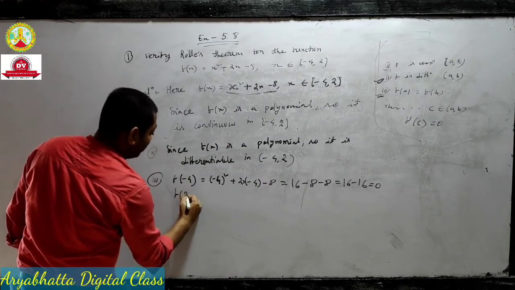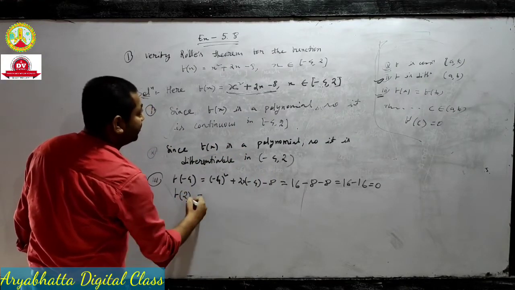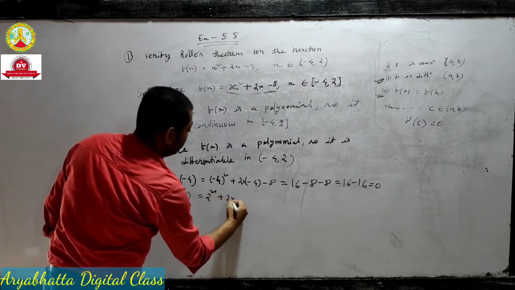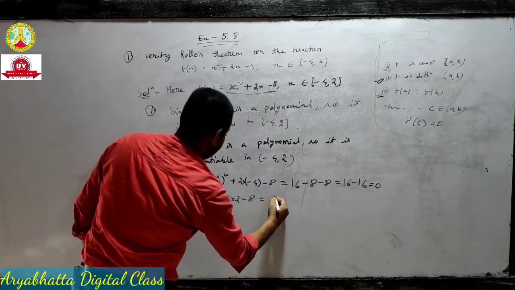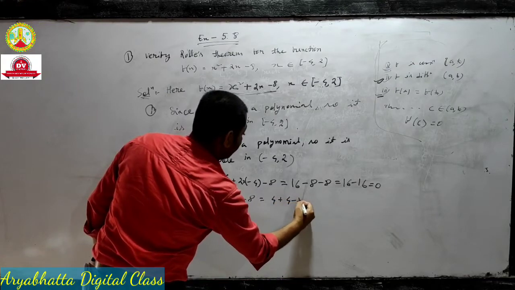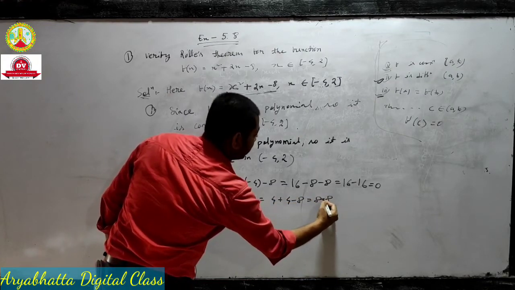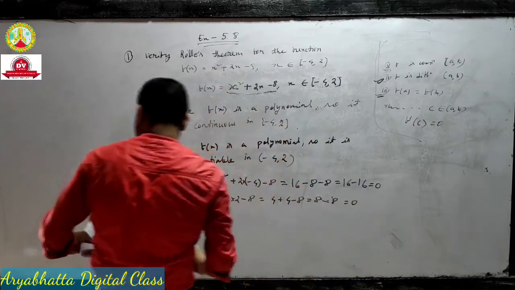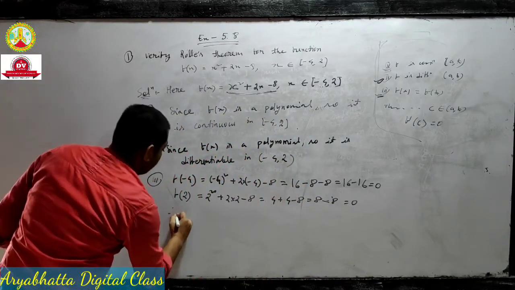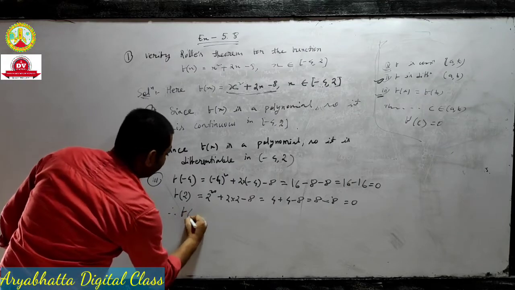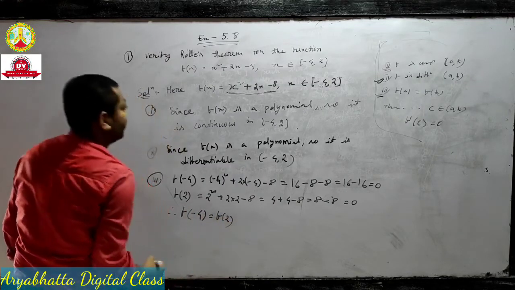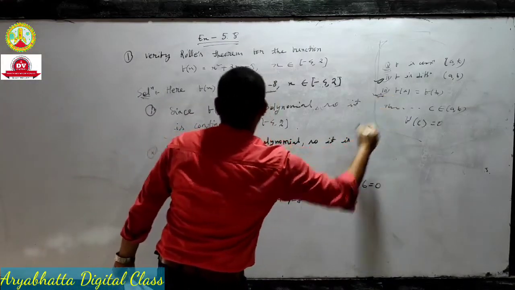Here b is equal to 2. Therefore, f of 2 is equal to 2 square plus 2 into 2 minus 8. This equal to 4 plus 4 minus 8, 8 minus 8. This equal to 0. Therefore, f of b is equal to f of a. f of minus 4 is equal to f of 2. Our third condition exists.